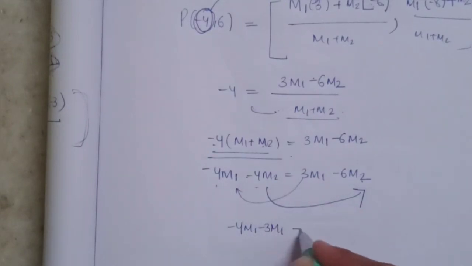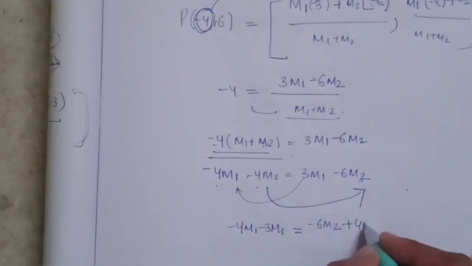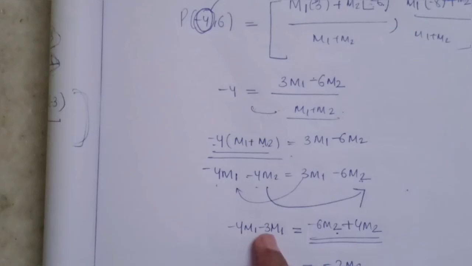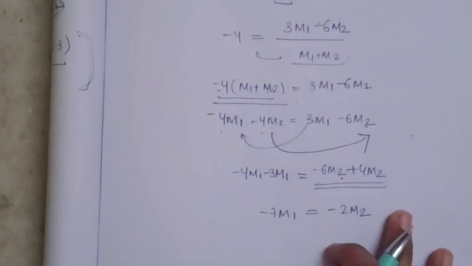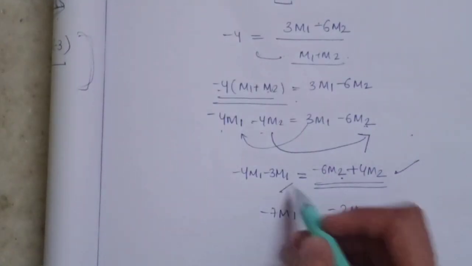Minus 3m1 is equals to minus 6m2. This minus becomes plus, that's it, plus 4m2. So what does it become? Minus 7m1 is equals to minus 2m2, right?